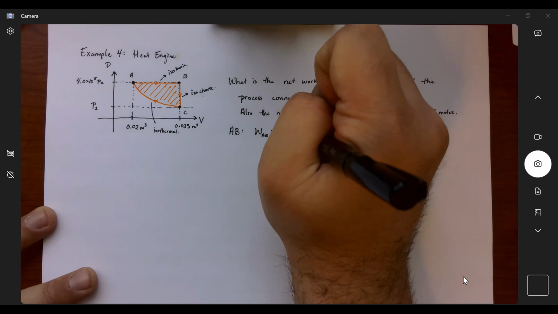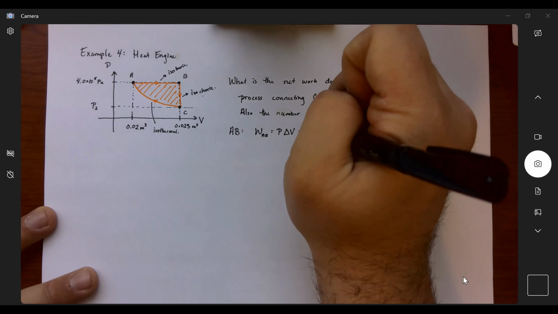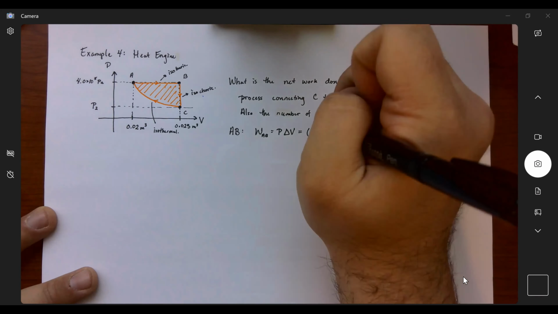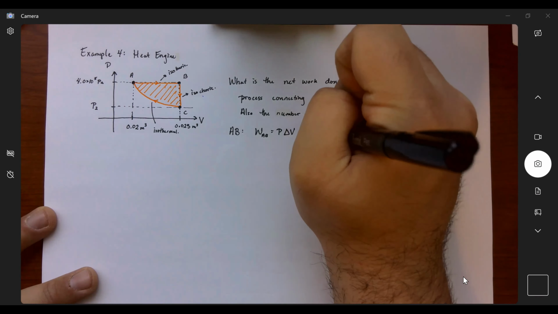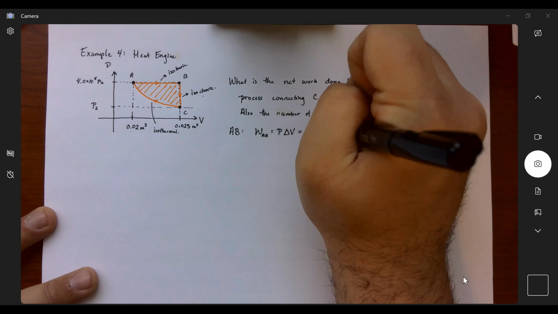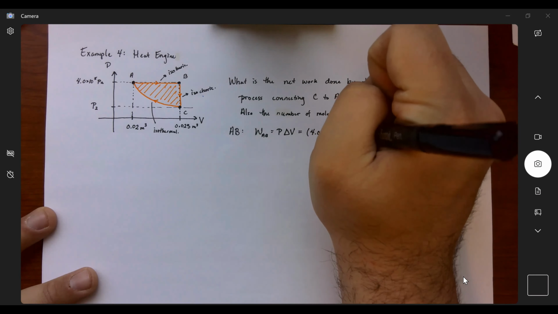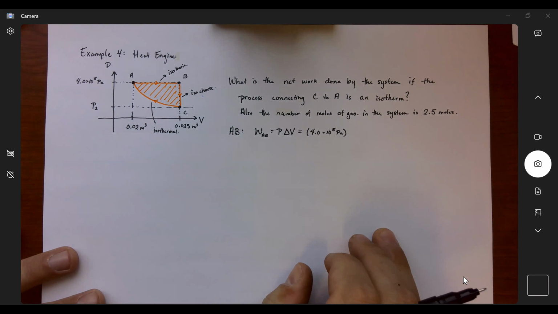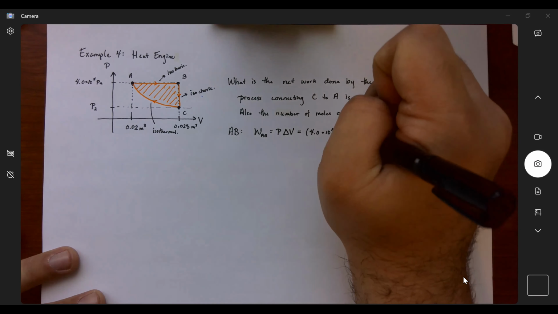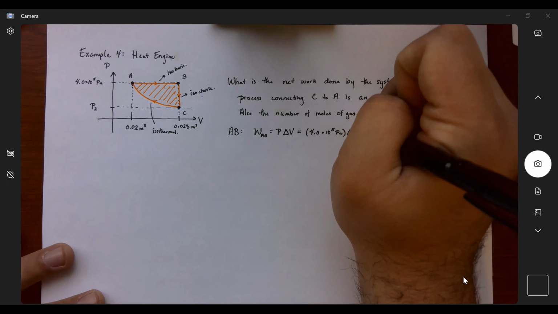All right. And in this case, the pressure is given as 4.0 times 10 to the 5 pascals. And all we would need is the volume difference.